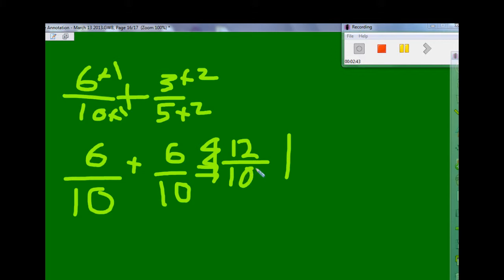It goes into it once, but how much do I have left over? 2, right? Because that's 10 and you have 2 left over. So you put what you have left over at the top, which is 2. And then you always put what your denominator was, 10, at the bottom.